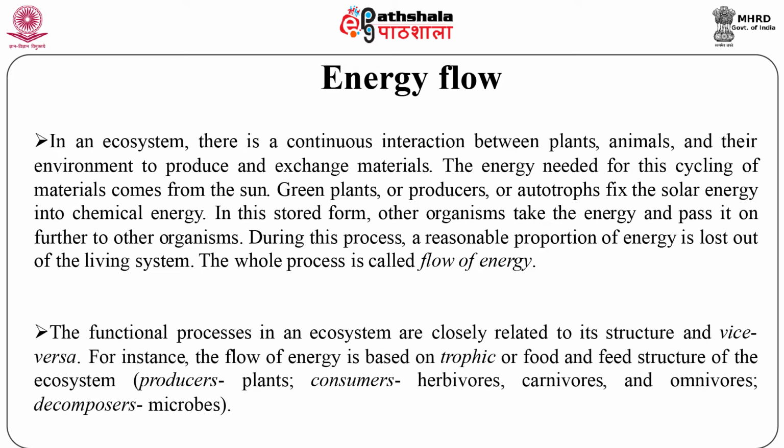The functional processes in an ecosystem are closely related to its structure and vice versa. For instance, the flow of energy is based on the trophic or food and feed structure of the ecosystem: producers, consumers and decomposers.